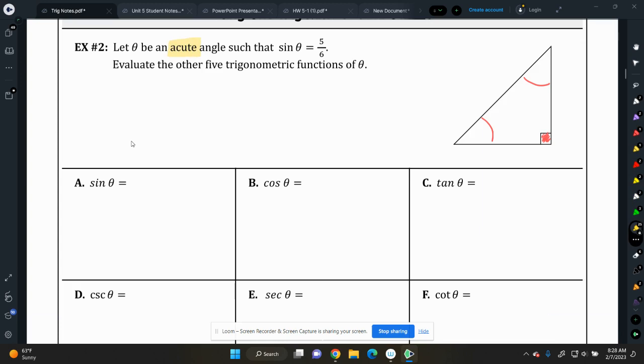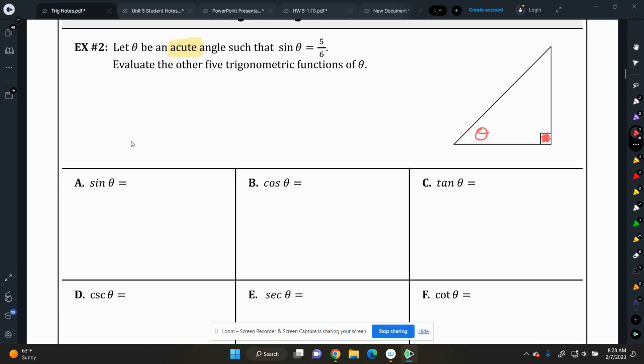Okay? So when it says let theta be an acute angle, it's referring to one of the non-right angles. Because we're talking about right triangles right now. It doesn't matter which one we call theta. So I'm just going to label my theta right here.